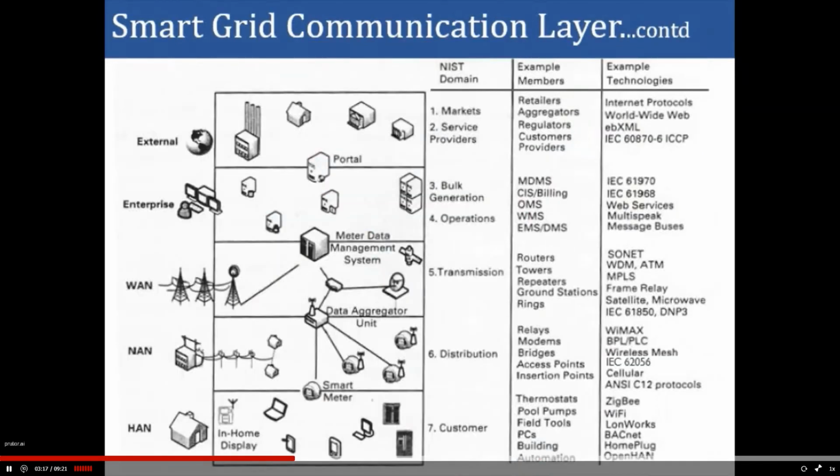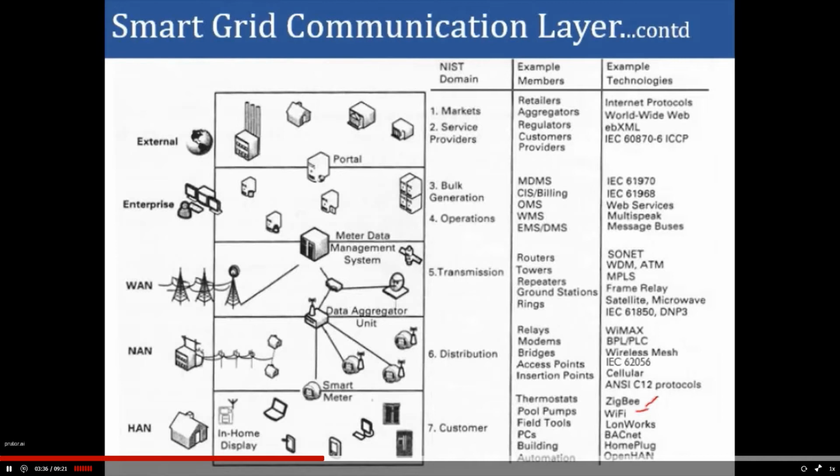Then we also discussed the various communication technologies utilized at various layers. Say, for example, at the house area network level, we have technologies such as Zigbee, Wi-Fi, and so on.